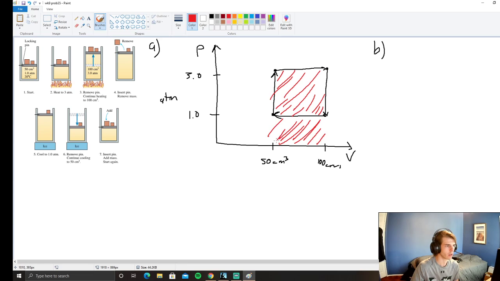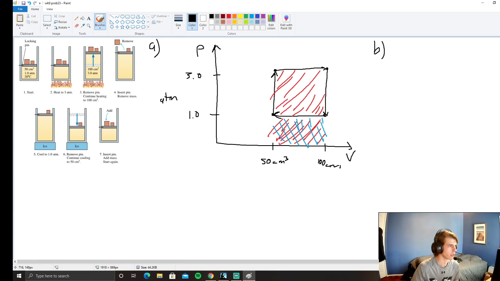Remember that you have to subtract the negative work done. Since the arrow is going in the positive direction, that's positive work, but this arrow is going in the negative direction, so that's negative work. So you only need to take the area from inside this box.